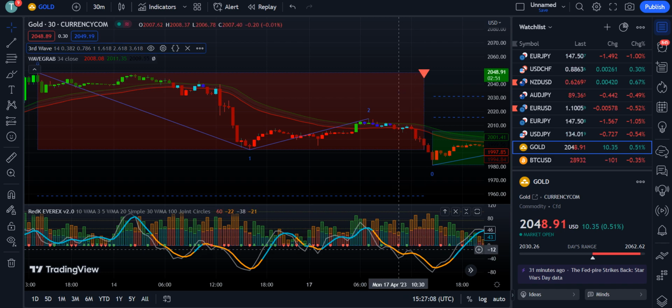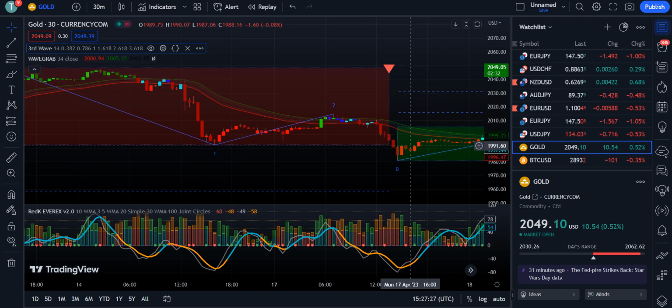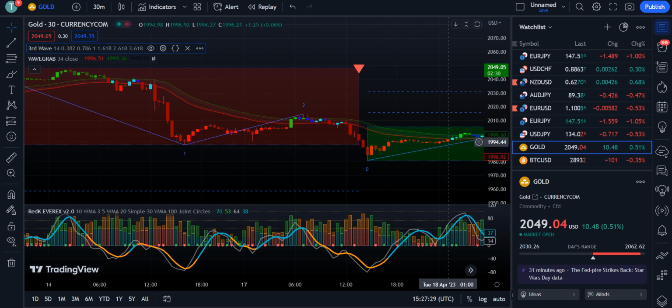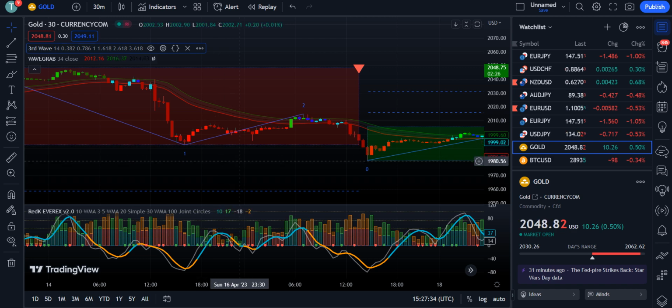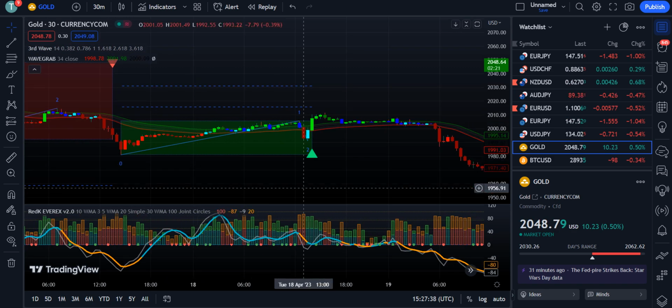Then you have seen that the third indicator, the Red K Forex indicator, has also shown the lines going below this zero level line or baseline. Then all three conditions are met. From here till here you have earned the maximum profit, and continuously you are taking the profit from here till here even. So this is a simple strategy with very unique indicators that I have shared with you today.